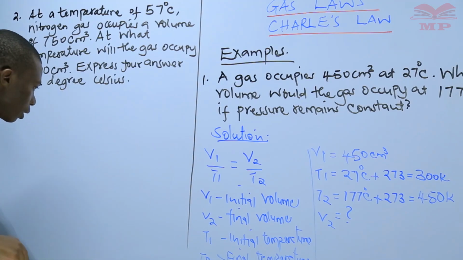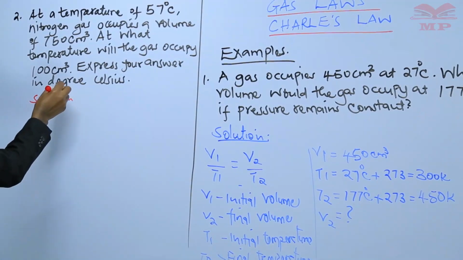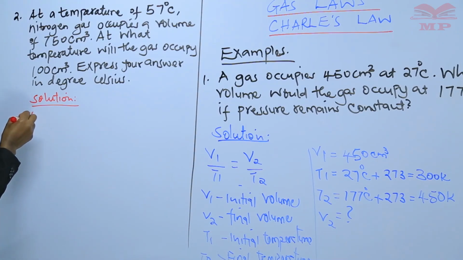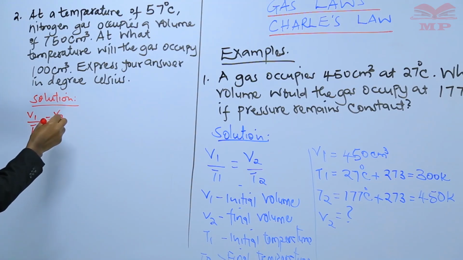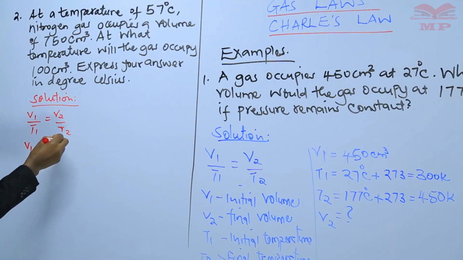Therefore, this is how we go about it. The solution to this: we have the formula. You know that it's V1 over T1 equals V2 divided by T2. V1 is 750.